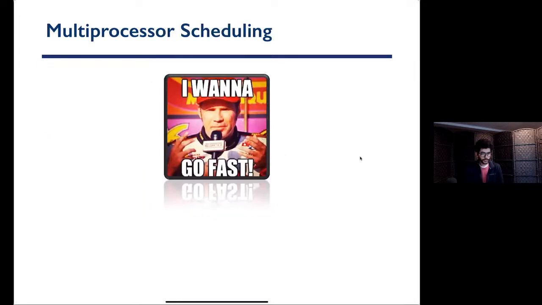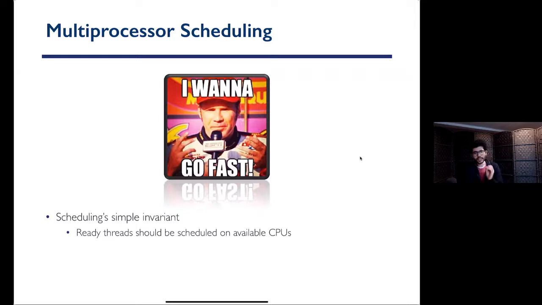Okay, so the first thing to mention about multiprocessors and the grand view of scheduling them is that we have a simple objective that is true for uniprocessor and multiprocessor, and that is, if you have a CPU that is available, and if you have a thread or a process or a task that is ready, then you better run it on your CPU.